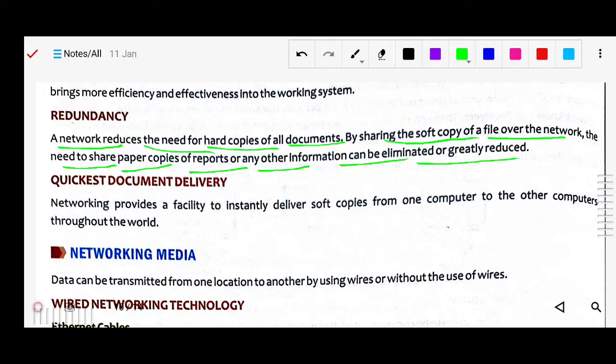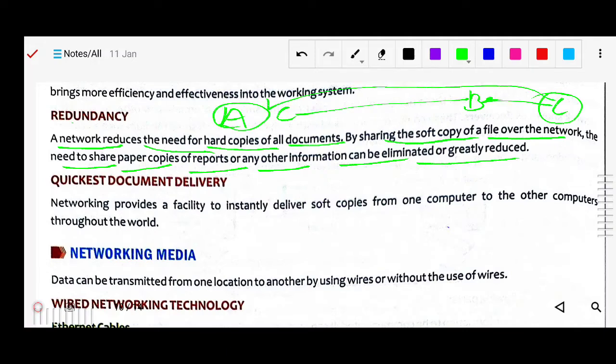Suppose any document is required by computer A, and it is with computer C. If they are in the network, that data can easily be shared as a soft copy. Soft copy means the digital form of the data, so it can easily be shared.